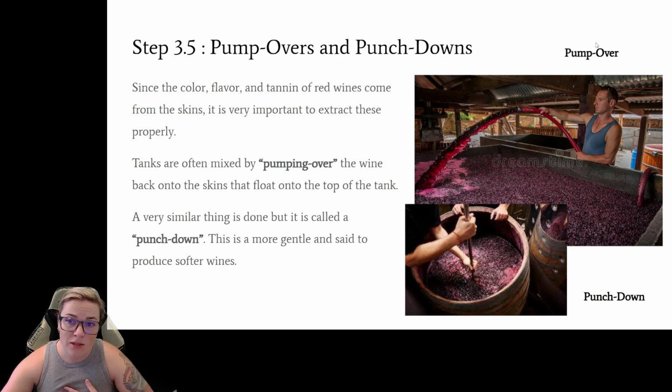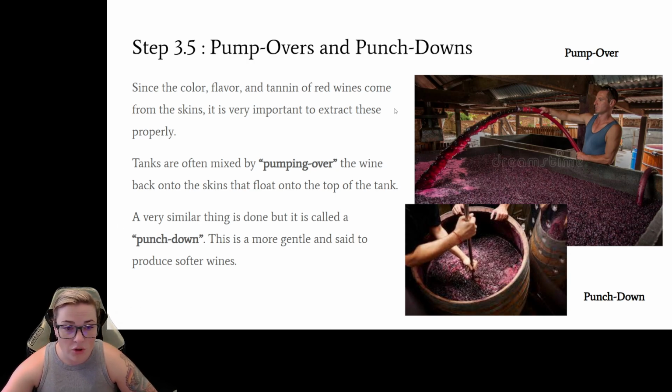So that's the difference between a pump over and a punch down. There has also been some, I don't know if it's like a rumor, a lot of winemakers claim that punch downs create softer wines because it's a more gentle process. You're not breaking the skins up as it goes through the pump, right?